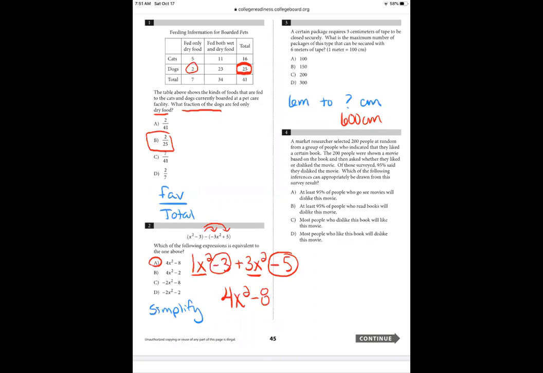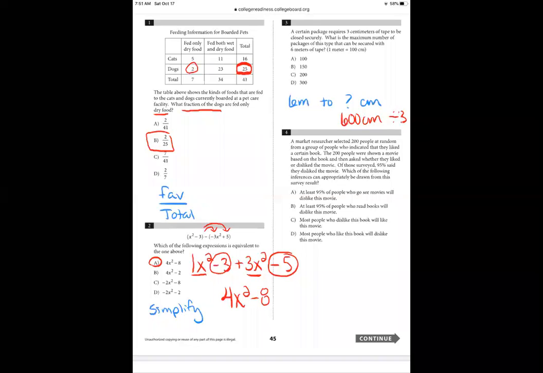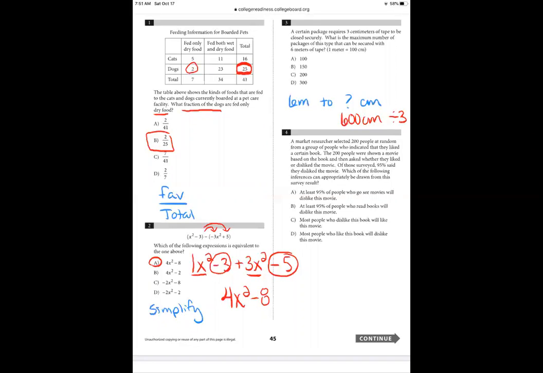We want the maximum number of packages that could be secured. So if it's 3 each, we would divide by 3. Please look for a link for keyword translation for our 4 main operations: add, subtract, multiply, and divide. But if we divide by 3 here, we will get 200, divides evenly, so the maximum would be 200, choice C.